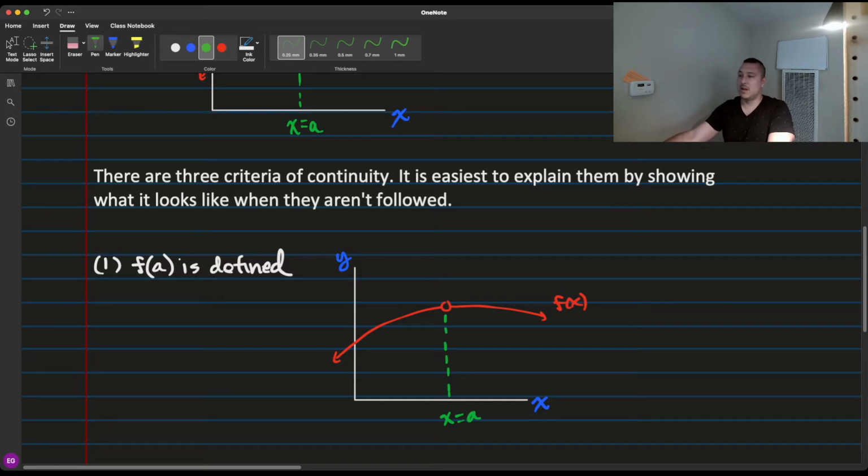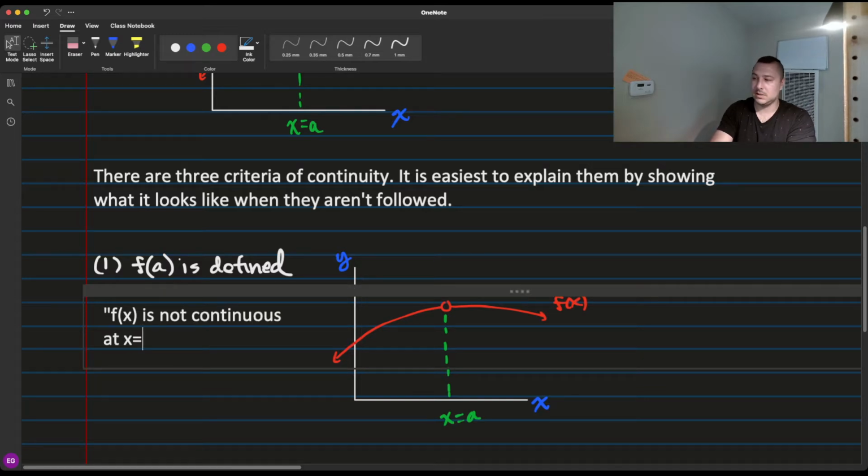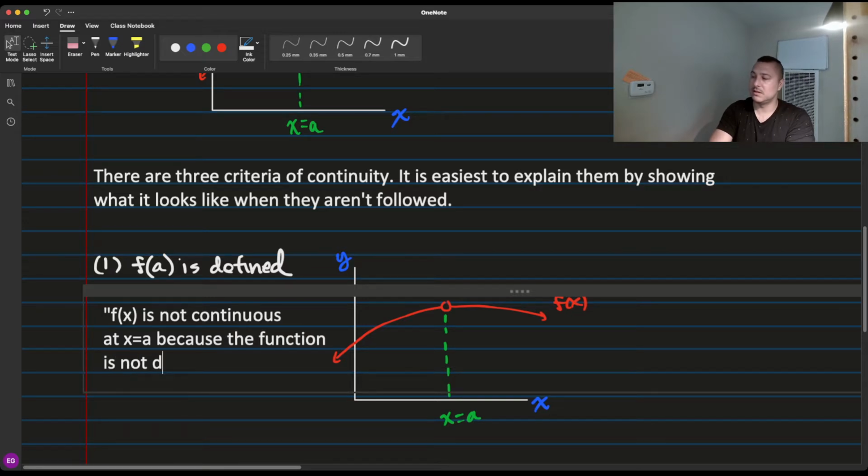This function is not continuous at a. So in this case, f of x is not continuous at x equals a because the function is not defined there.